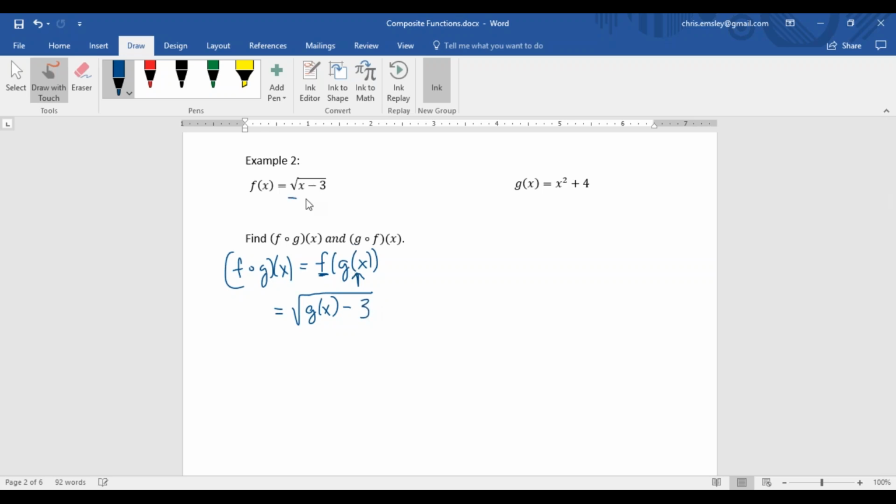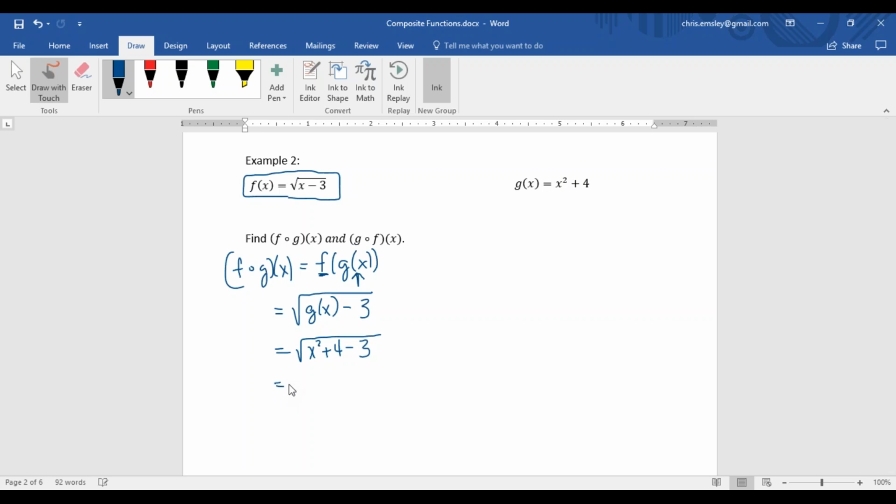Okay, notice that follows the exact function we have up here for f, just instead of x, we now have g of x. And we can simplify that even further because we have g of x. It's over here given to us. G of x is x squared plus 4. And then we still have that minus 3 hanging on there.